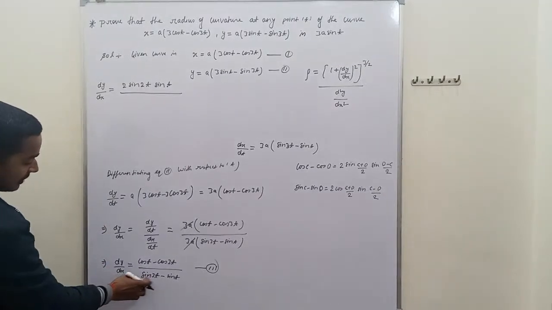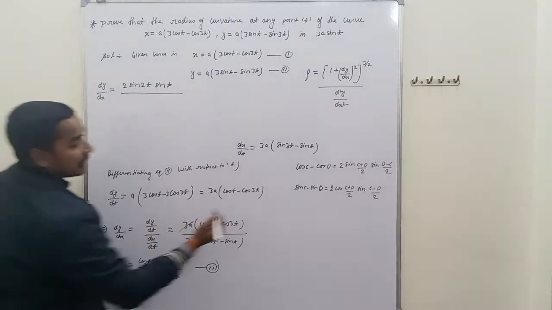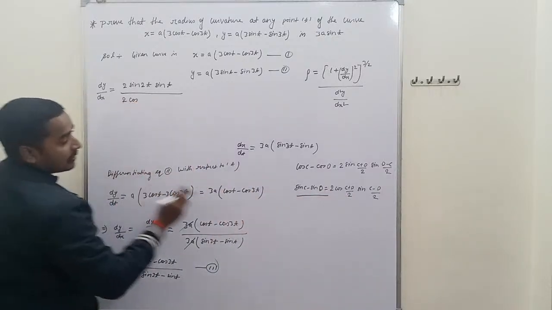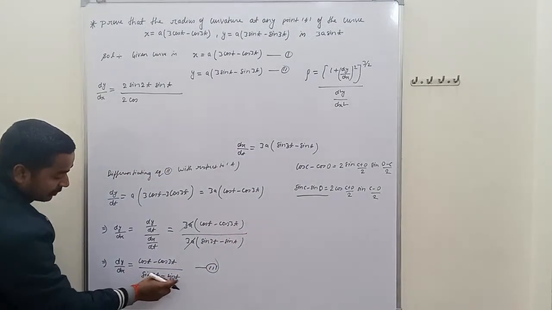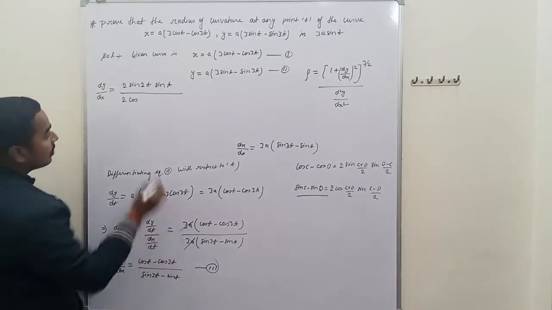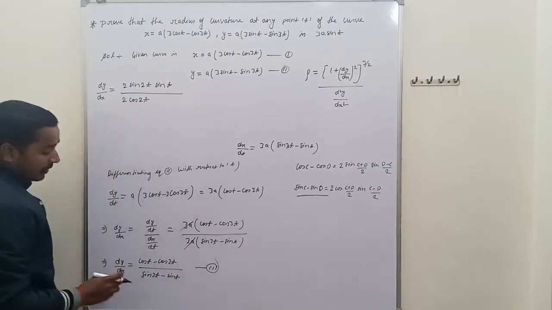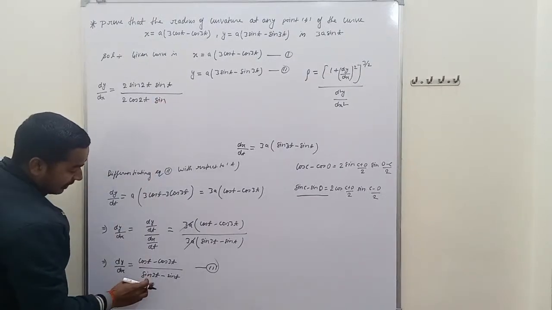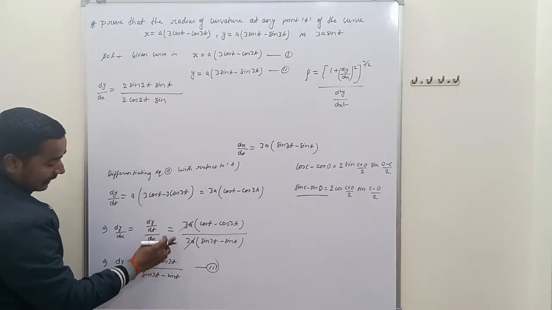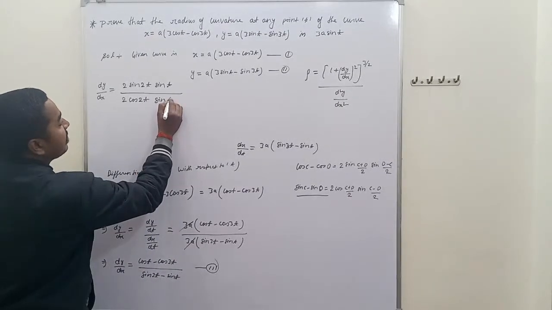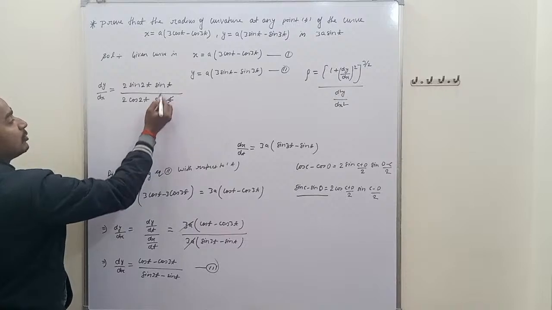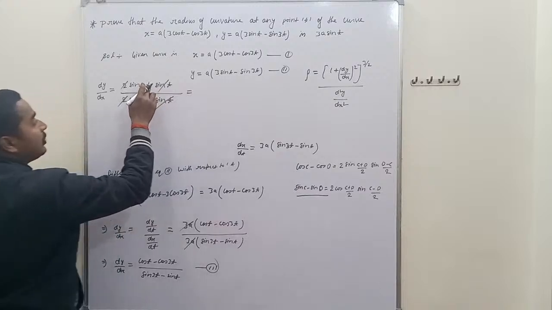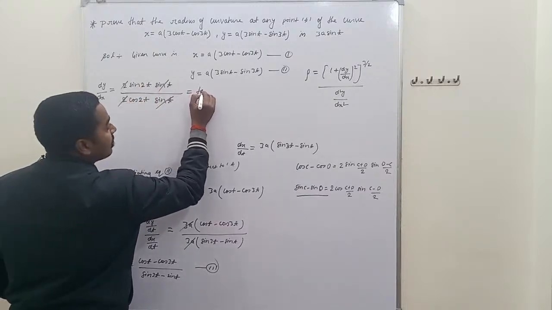Again we have to use sin c minus sin d, which is given by 2 cos((c plus d)/2) sin((c minus d)/2). Here 3t plus t is 4t, divided by 2 is 2t, and 3t minus t is 2t, divided by 2 is t. From here sin t and sin t cancel out, 2 and 2 cancel out, and the remaining is sin 2t upon cos 2t, which is tan 2t.